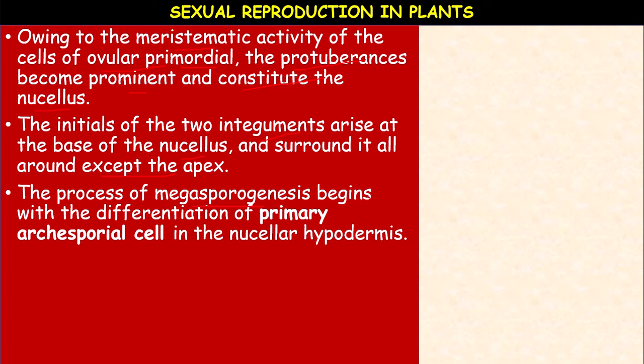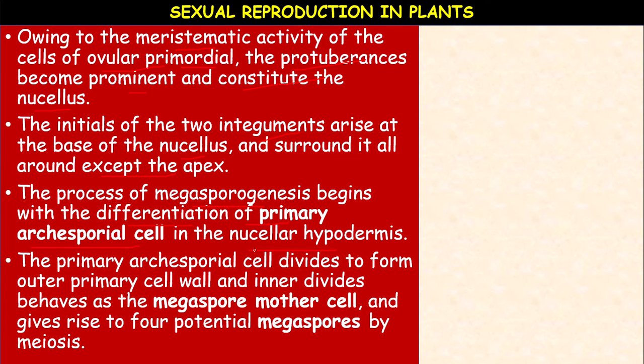Megasporogenesis begins with the differentiation of a primary archesporial cell in the nucellar hypodermis. The primary archesporial cell divides to form the outer primary parietal cell, and the inner cell behaves as a megaspore mother cell.